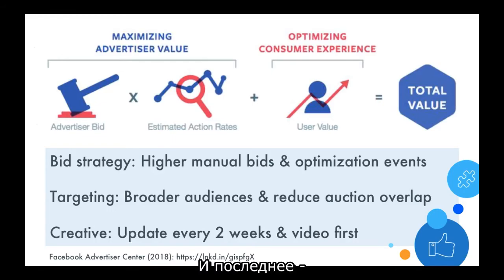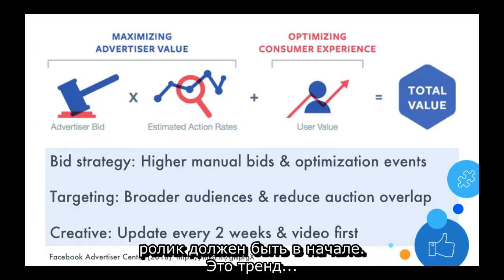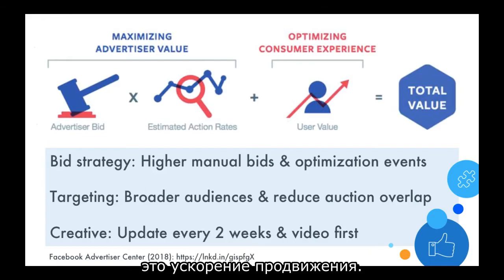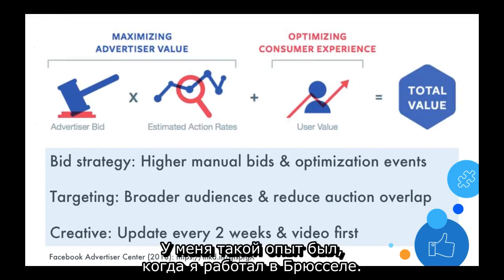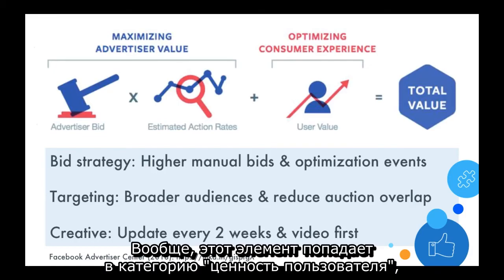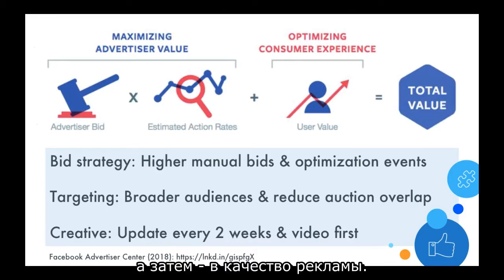And last thing is video first. That is a trend that they now promote a lot. They also promoted that a lot in the last event I've been in Brussels. And it actually falls into the category of user value and then ad quality.